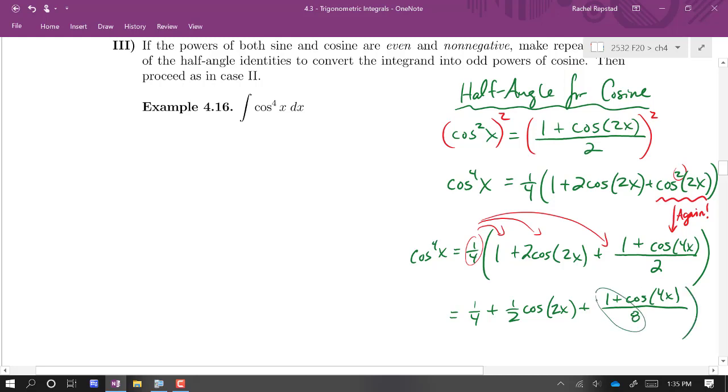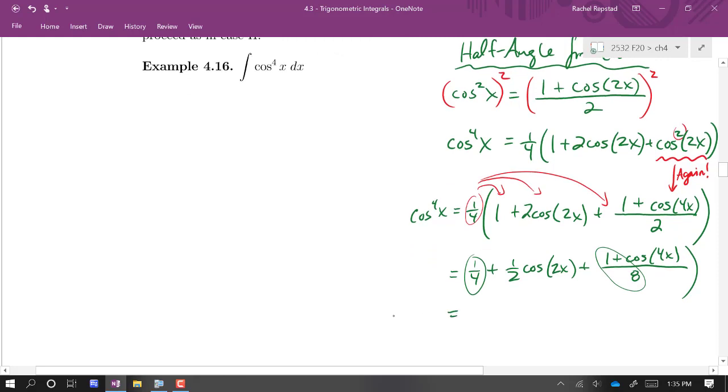So I've got a 1/8 plus a 1/4 term. I'm going to do one last thing to rewrite this. So we get 3/8 plus 1/2 cosine 2x plus 1/8 cosine 4x.